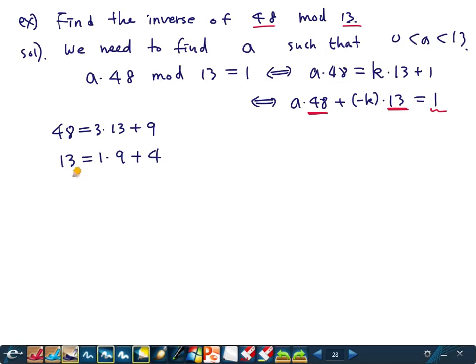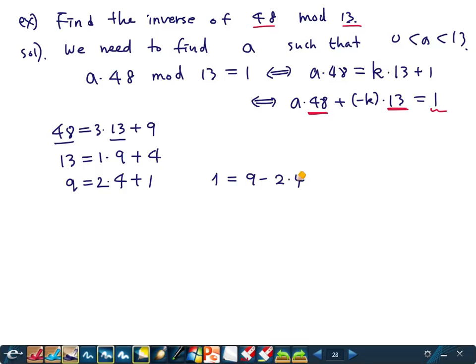Now we divide 9 by 4, like this. And actually we don't have to go further because we already found 1 here. 1 is the GCD. Now we are going to express 1 in terms of this and this. So now what is 1? From here, 1 is 9 minus 2 times 4.